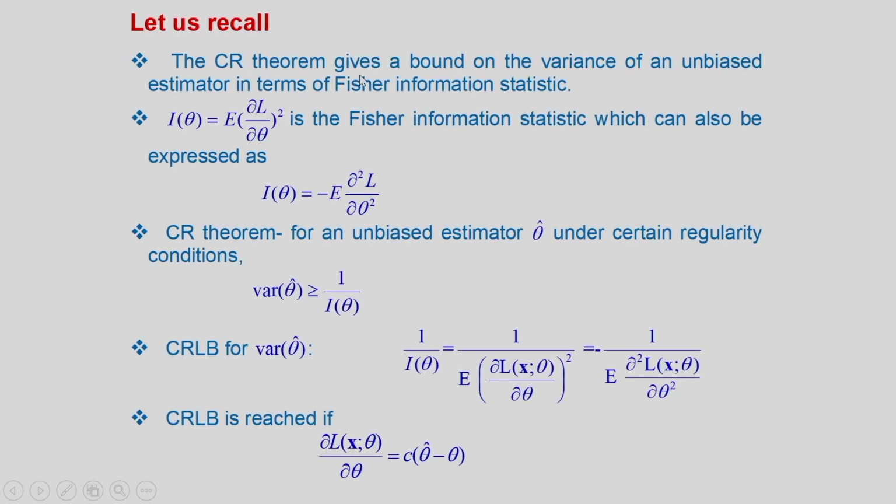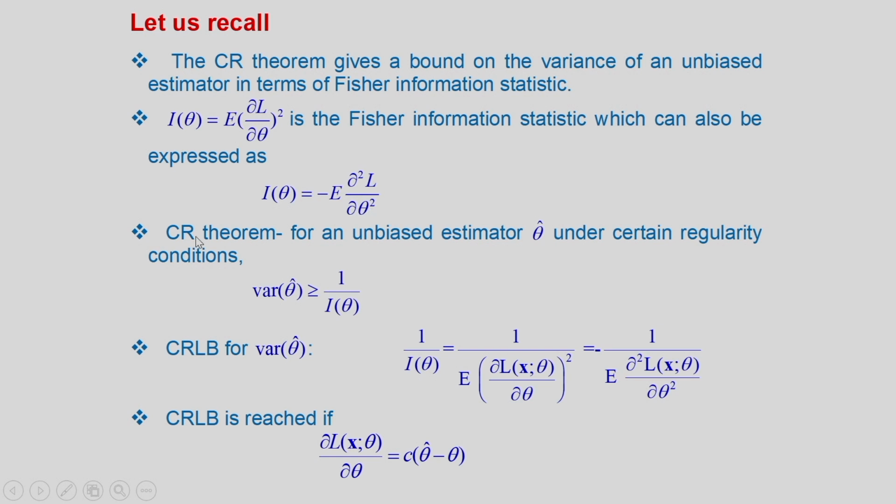Let us recall, the Cramer theorem gives a bound on the variance of an unbiased estimator in terms of the Fisher information statistic. Now what is the Fisher information statistic? I(theta), that is the expected value of (del L del theta) whole square, is the Fisher information statistic, which can also be expressed as I(theta) is equal to minus the expected value of del 2L del theta square.